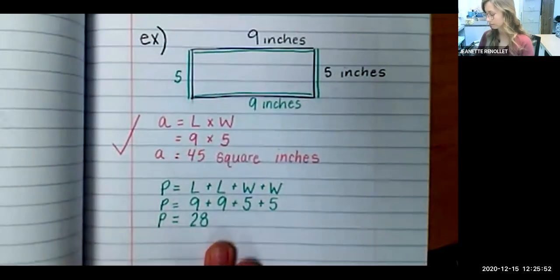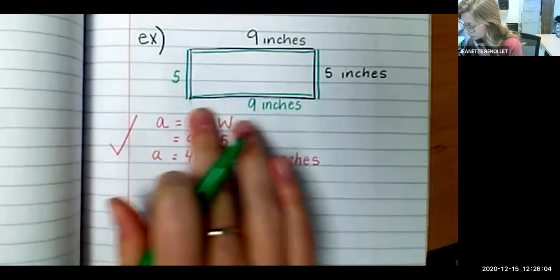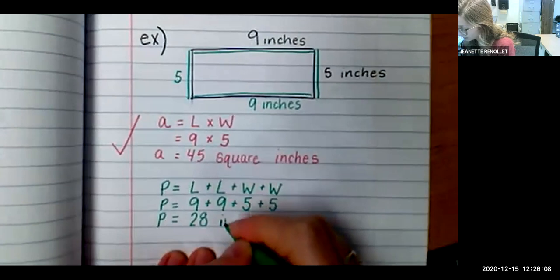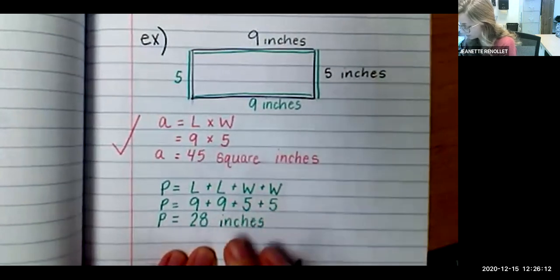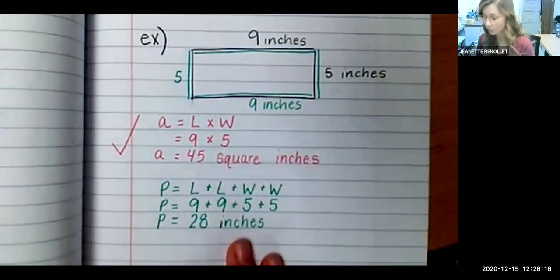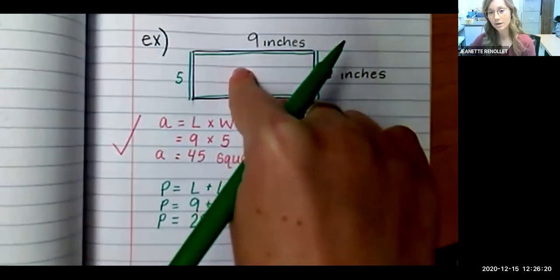28 what? Ice cubes? 28 Skittles? What did I measure? I measured inches around my picture frame. So 28 inches. When we measure perimeter, we do not measure with squares because we're not counting squares inside the shape.